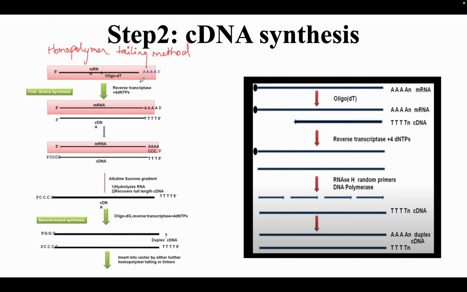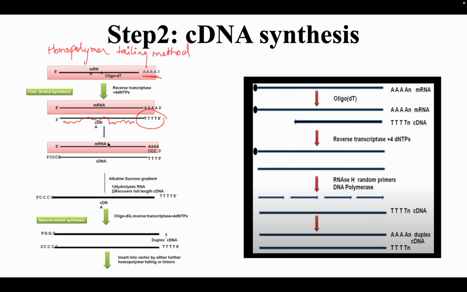This is our mRNA with a poly A tail here at the 3' end, and we use an oligo dT primer. The primer helps the reverse transcriptase to transcribe the cDNA. So this is our cDNA, the first strand synthesis.